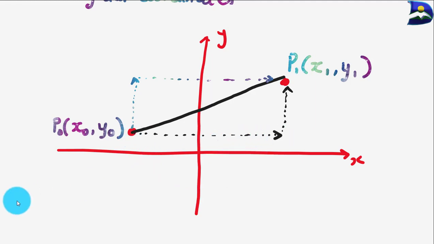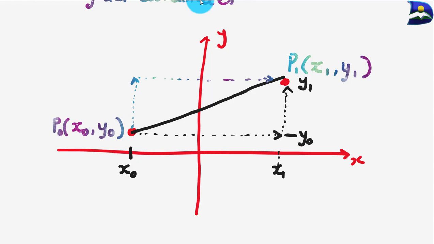Therefore, we have P naught's x and P1's x, and therefore the difference between these, squared, which gives us the magnitude of this length here, will enable us to determine what this value is. And we're going to do the same thing for the y, and so in here is our y naught, and this here is our y1.